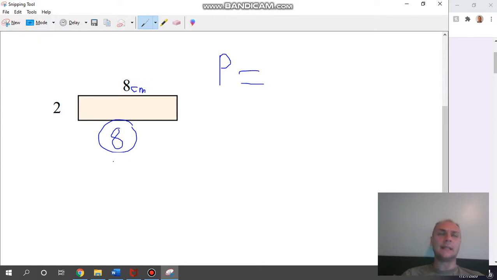Why is this side 8 centimeters? Because it's the same length as the one above. What would this side be over here then? 2. Because it's the same length as the one over there. Okay? So perimeter is adding all sides together.